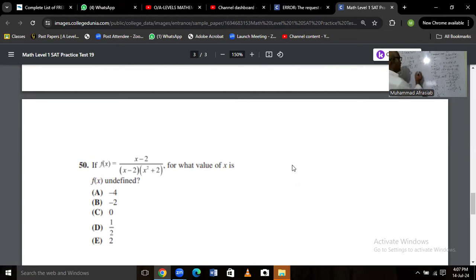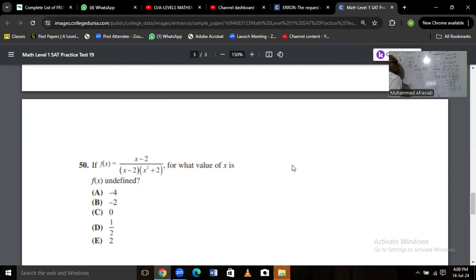So we know that when there is any function f of x over g of x, then g of x should not be equal to 0, otherwise it is undefined. Since in this expression the function has only one such factor in the denominator, x minus 2, that should not be equal to 0, so x should not be equal to 2.